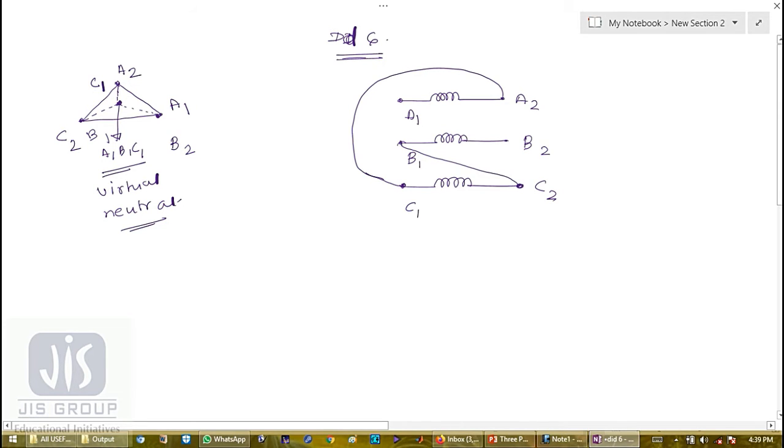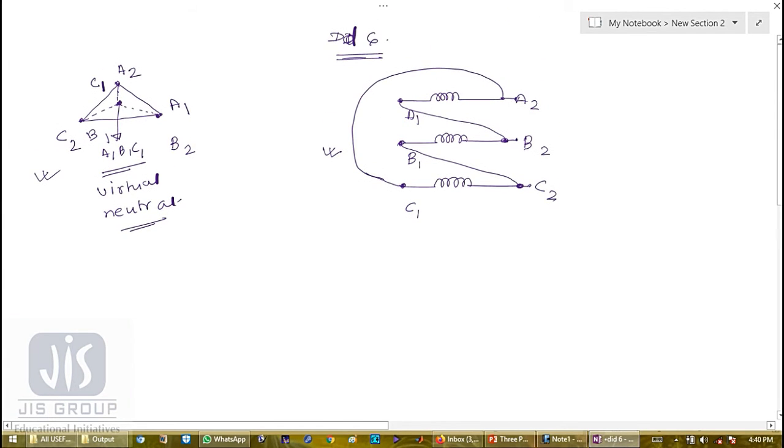And B2 A1, and from here the terminals are brought out, A2 B2 C2. So we have done the primary side voltage phasor diagram and winding connection diagram.